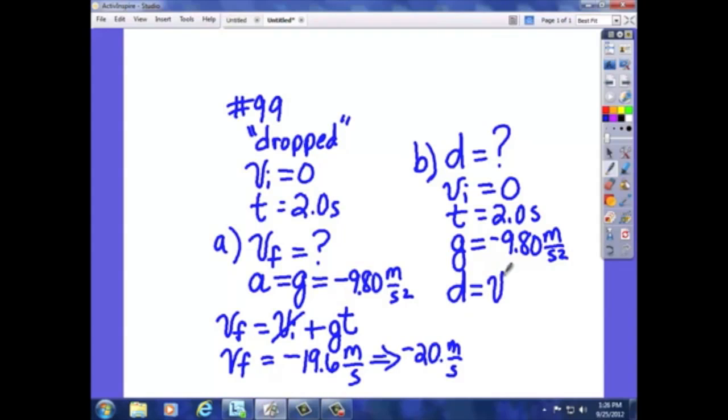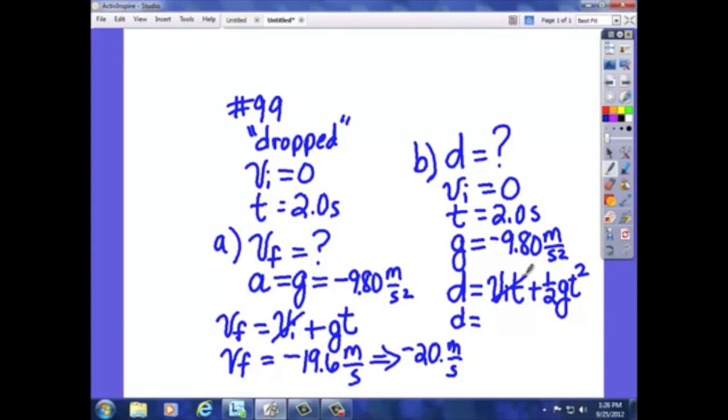The displacement is the initial velocity times the time plus 1/2 the acceleration, in this case it's g, times t squared. I can solve directly because I already have it isolated on the left, and I can understand again the initial velocity was 0, which 0 times anything is going to take out that entire term. And then I'm going to put in 0.5, that's 1/2, times negative 9.8. You can't forget your negative 9.80.